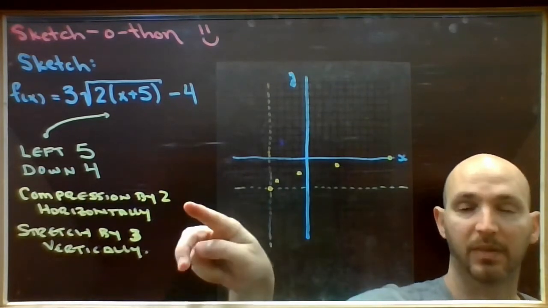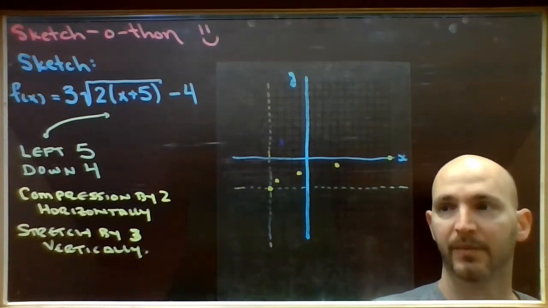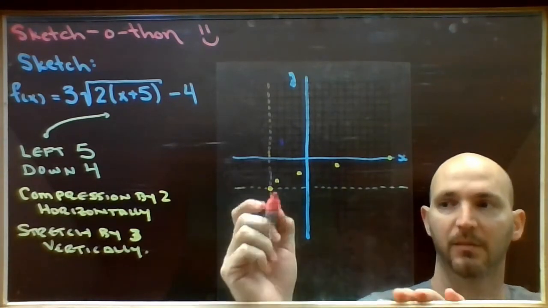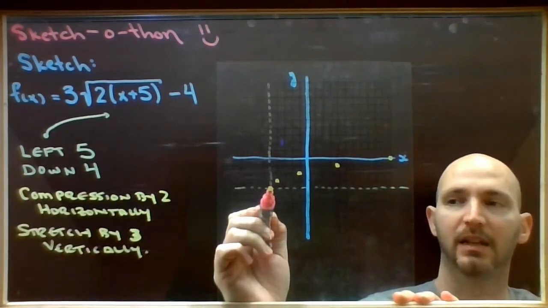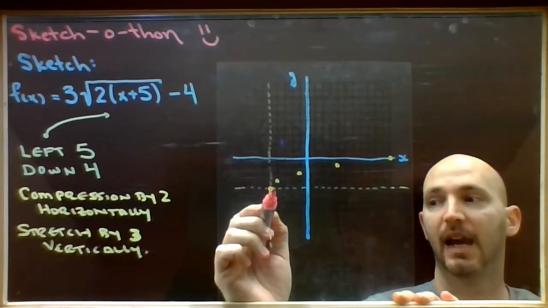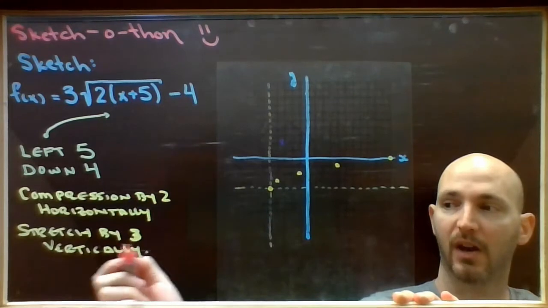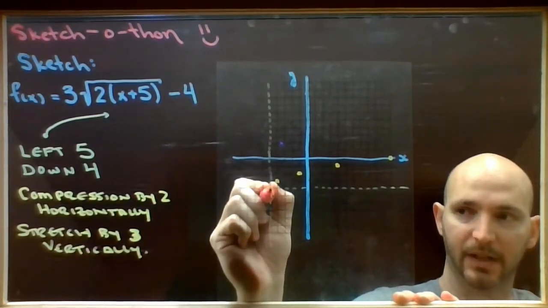I now need to apply these 2 transformations to it. So pick a dot. Start with this one. It needs to be twice as close to the translated axis, and it needs to be twice as far up from the translated axis, so that one's not going to go anywhere.